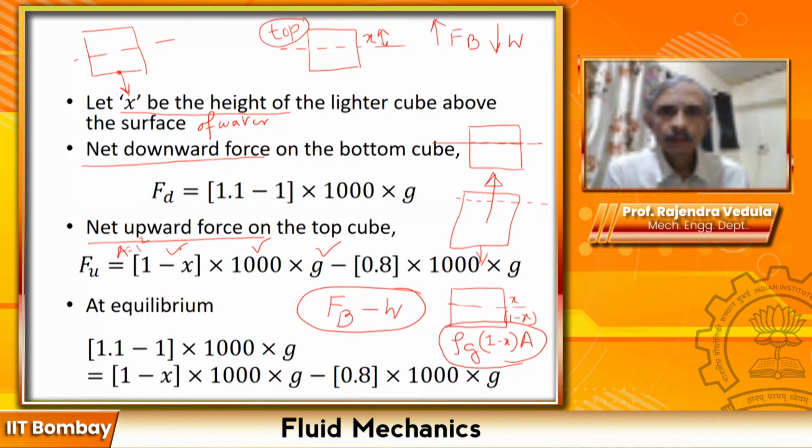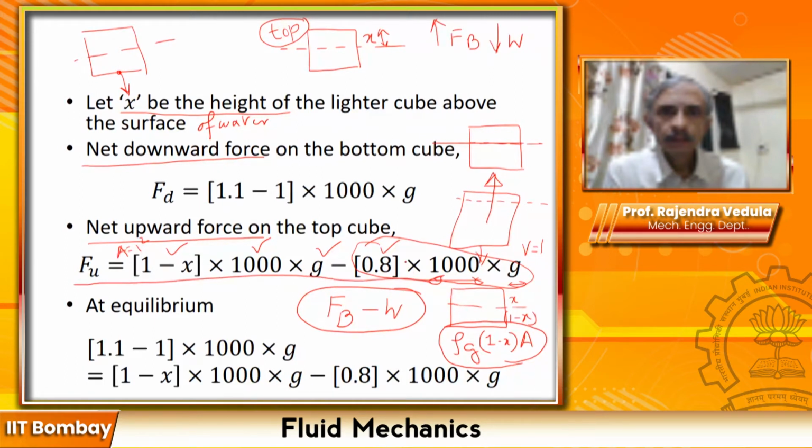So this is the buoyancy force, and this is the weight, right? This is the density times the volume. So specific gravity times the density of water times g times the volume, which is equal to 1. So the net upward force on the top cube is going to be this number here.